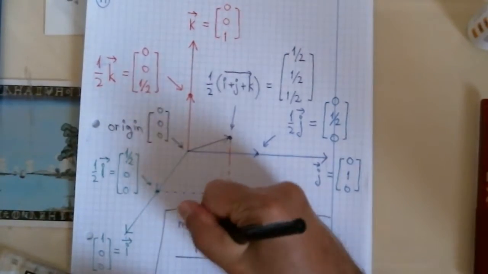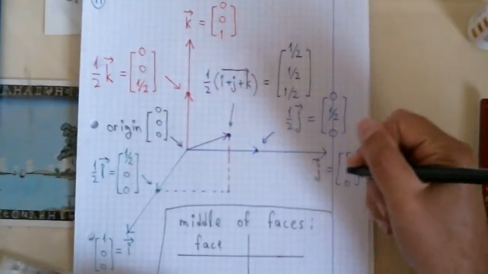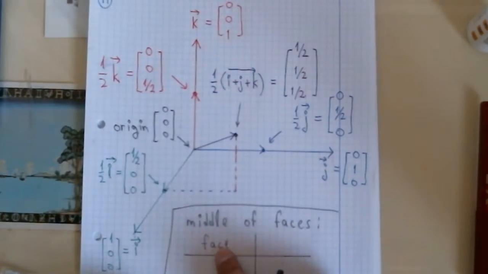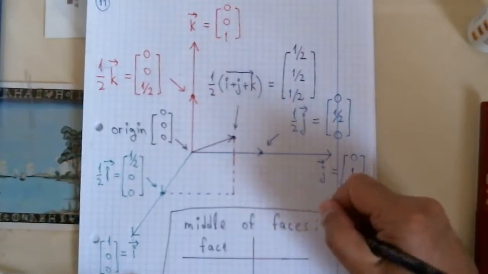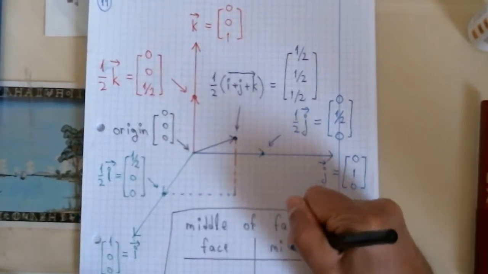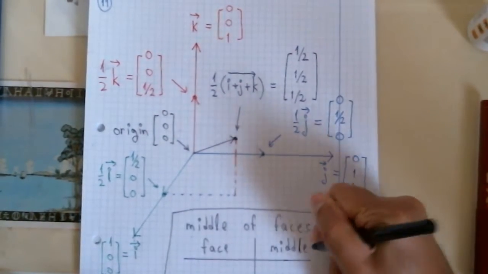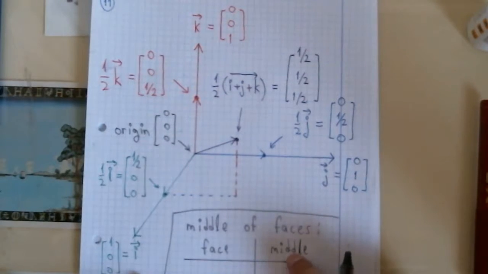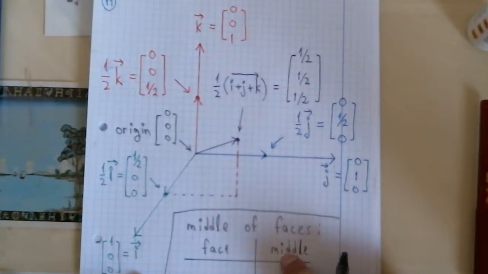This is the face, the vectors that make the face, and this is the middle point, or the vectors that make the center.